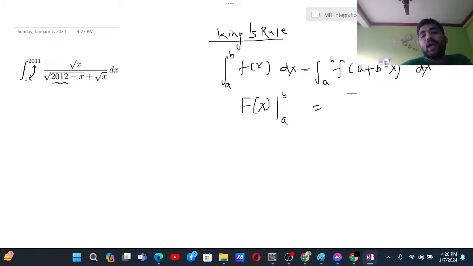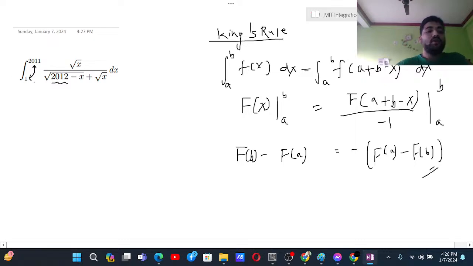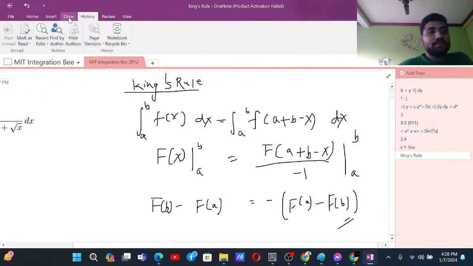Over here also capital F of a plus b minus x, and since the coefficient of x is minus 1, just take minus 1 in the denominator, going from a to b. This gives us capital F of b minus capital F of a, which is the negative of capital F of a minus capital F of b. So you see both of them are actually the same. Now we can use this property, King's rule.